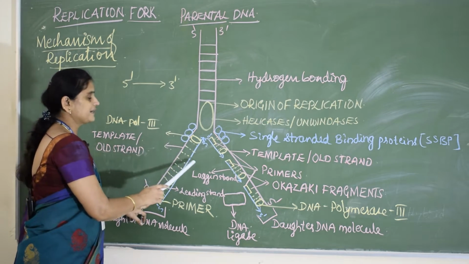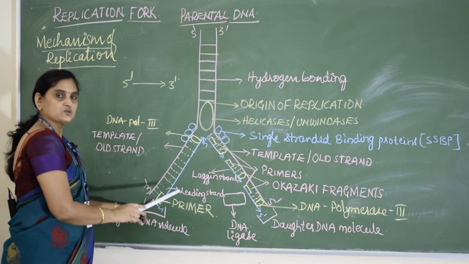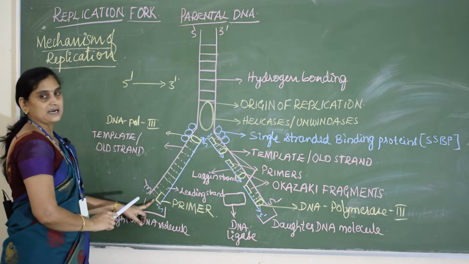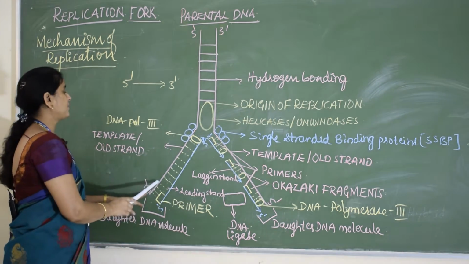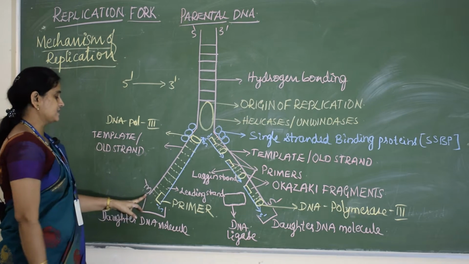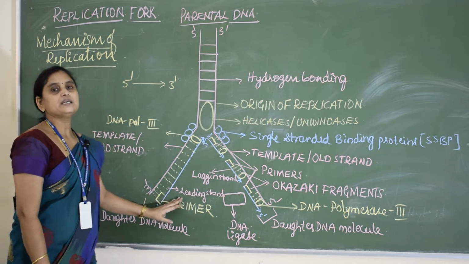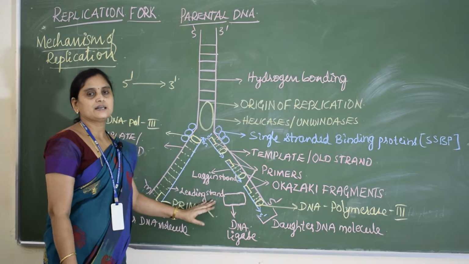As it is complementary to the template, we can also consider it a complementary strand. As in the newly formed daughter DNA one of the parental strands is conserved, it is considered a semi-conservative method of DNA replication.